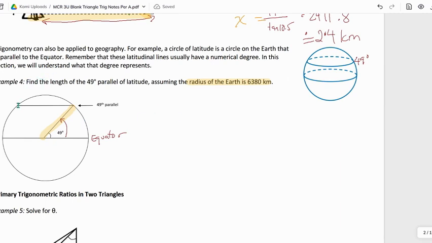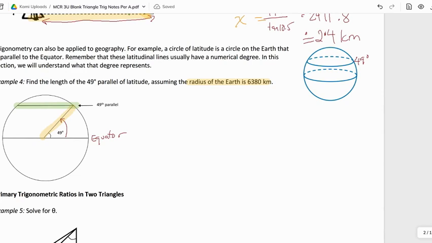We're asked to find the length of this. Is that the circumference or the diameter? Before you answer, this is a two-dimensional picture. This is like me cutting Earth in half and just drawing a line here.